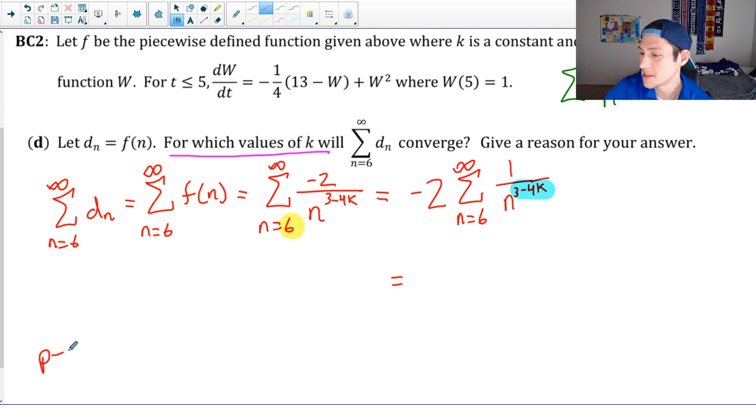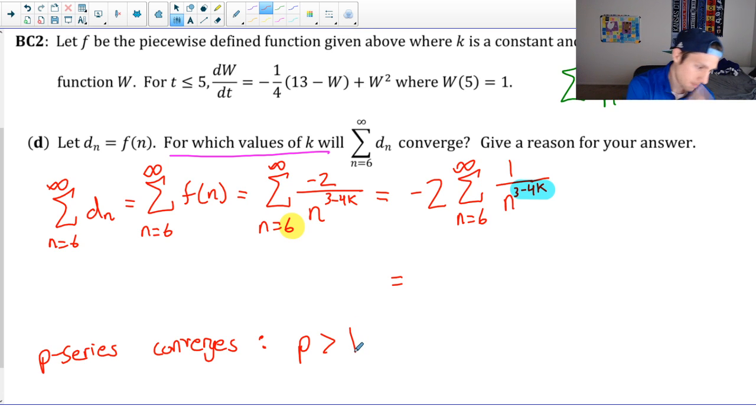So when does a p-series converge? If p is greater than 1. Right? So my question now is, okay, how can I get 3 minus 4k to be greater than 1?